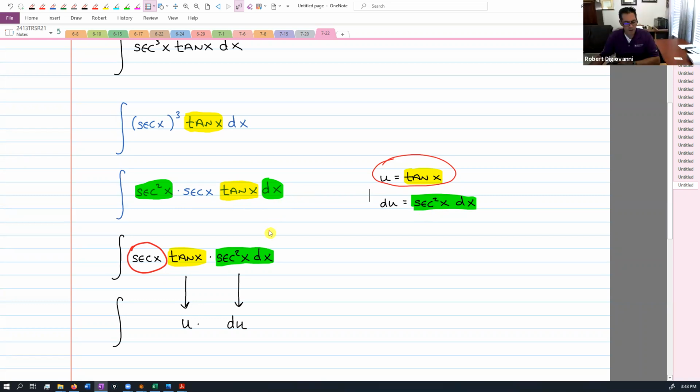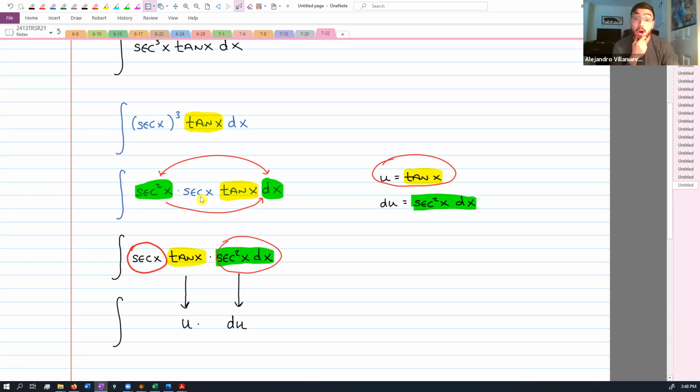I plugged it into dx? I'm not sure. No, I moved these two together. I just slid this one over here right next to this one. Oh, okay, yeah. This secant's here, this tangent's here, and then I grouped the two green ones together. So I didn't replace dx with this. Is that what you're saying? Yeah, that's what I thought you did at first. Okay, no, what I did is just move that green one over here, and that way it matched the derivative of this.